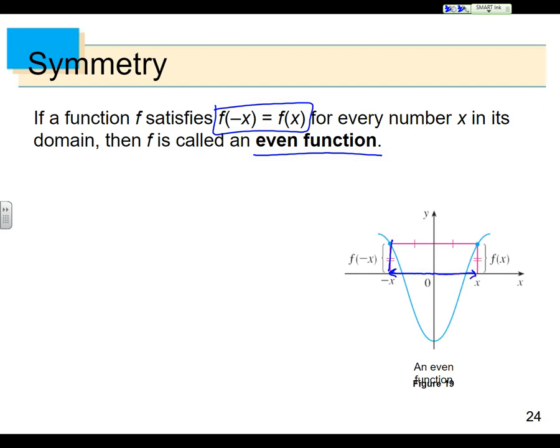I should go up that same distance. And so that makes it symmetric with respect to the y-axis. So an even function is going to be symmetric with the y-axis. That's easy to tell.